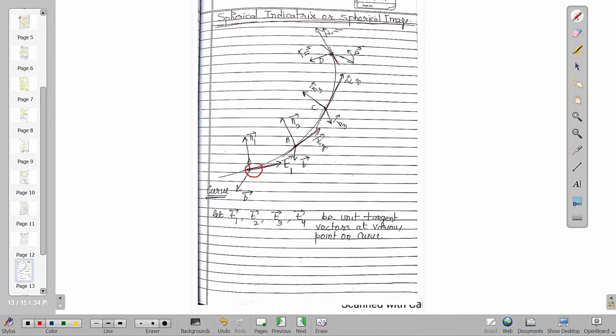Suppose this is one point, this is the second point, this is the third point, and this is the fourth point. Clear? So these are points on the curve.